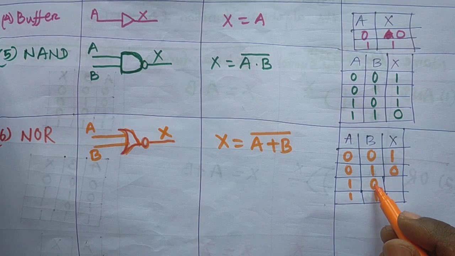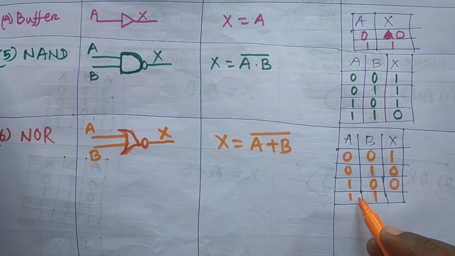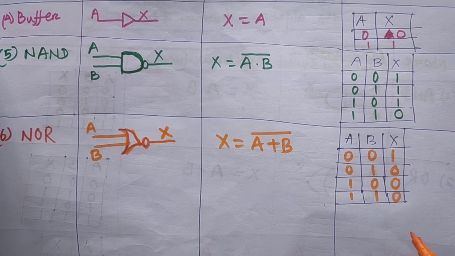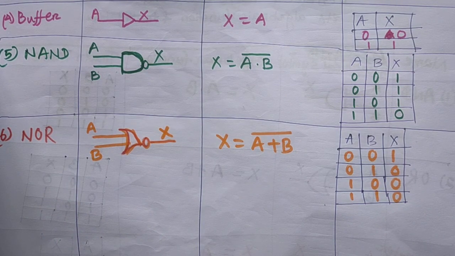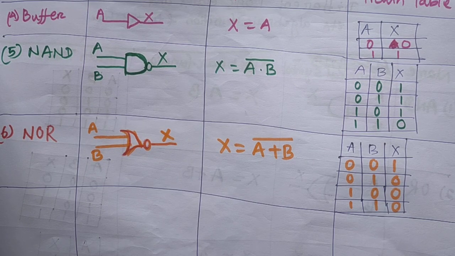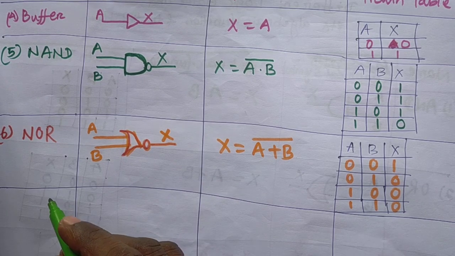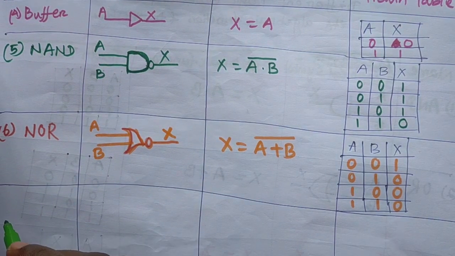Similarly 1 plus 0 is 1, complement is 0. 1 plus 1 is 1, complement is 0. Like this we define the truth table of the NOR gate. In this way different parts we can also define. Similarly, another one is the XOR.